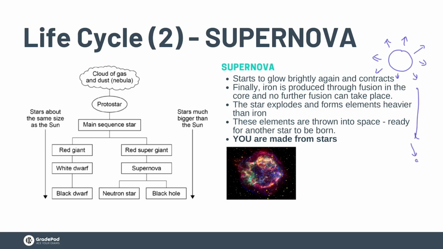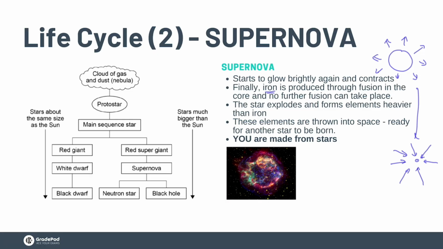It contracts into a tiny, tiny, hot, dense core. And inside that hot, dense core, no fusion can take place because there's already iron fused in that core. And iron is the biggest element that can be created through nuclear fusion.